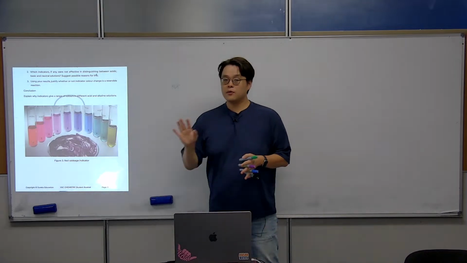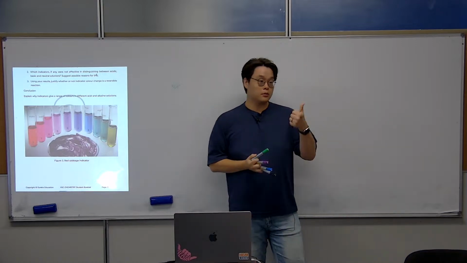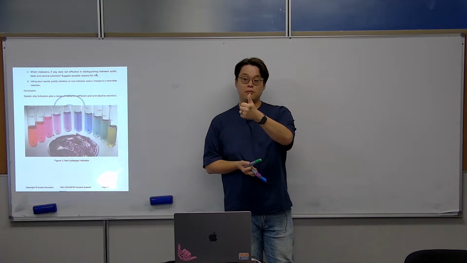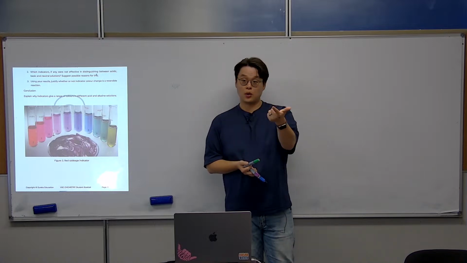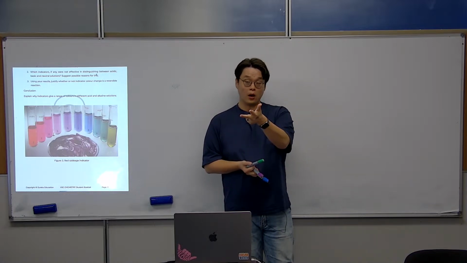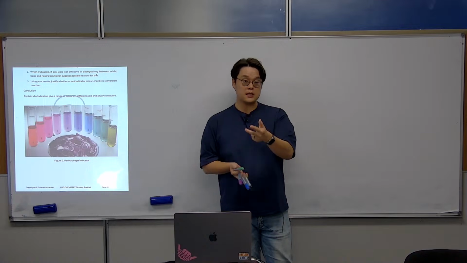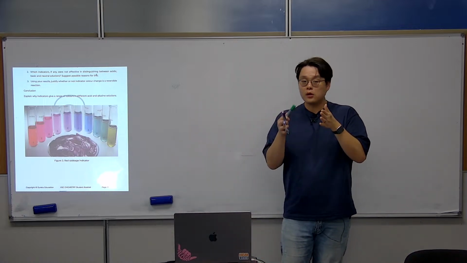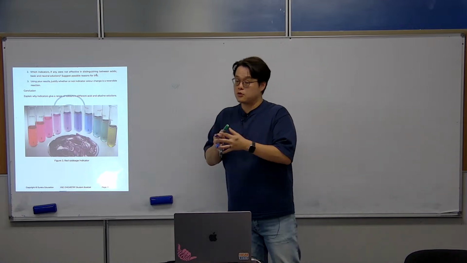Not only red cabbage, but anything purple or black in the colors of fruits or veggies, for example blueberries, red cabbage, beetroot, they all have similar properties, which means depending on the pH of the solution they're in, they will change color.